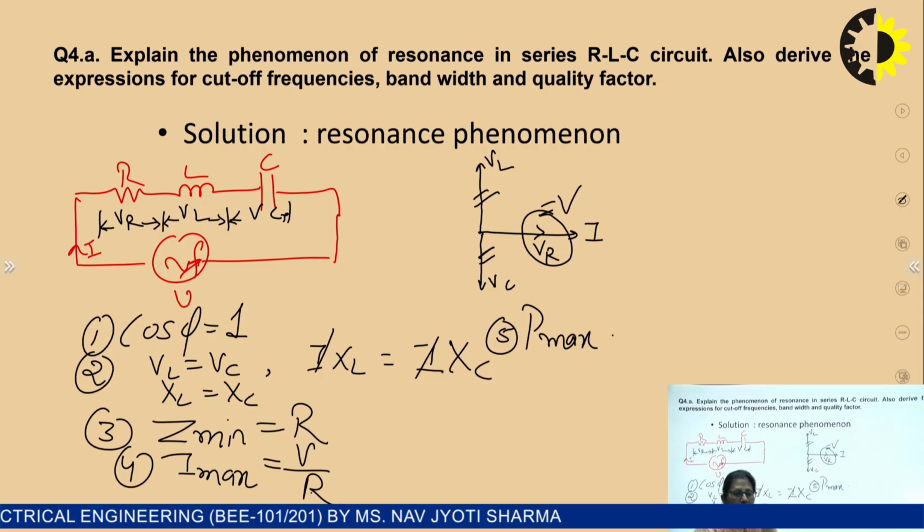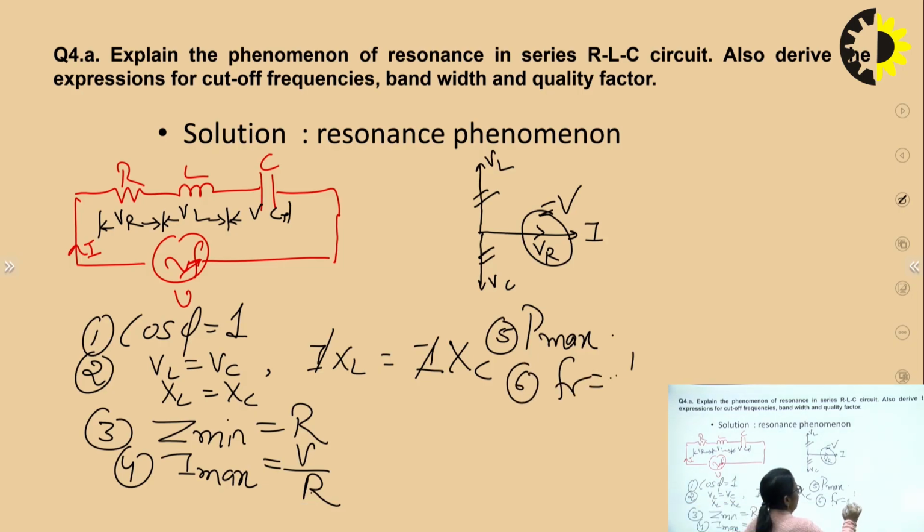So at that particular frequency at which the inductive reactance becomes equal to the capacitive reactance, resonance is going to occur, and that frequency is called the resonant frequency, and that is given by 1 upon 2 pi under root LC. So these are certain characteristics for a series resonant circuit. We have discussed the phenomena and the characteristics of a series resonant circuit.